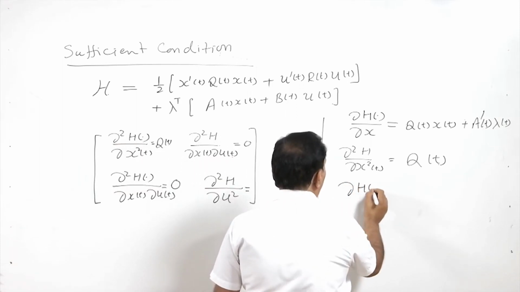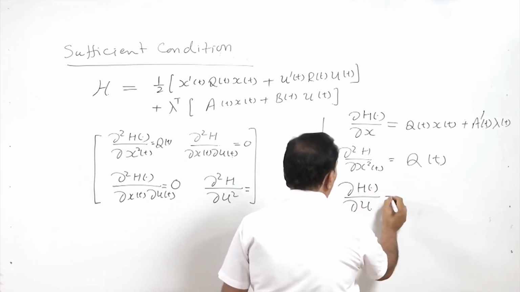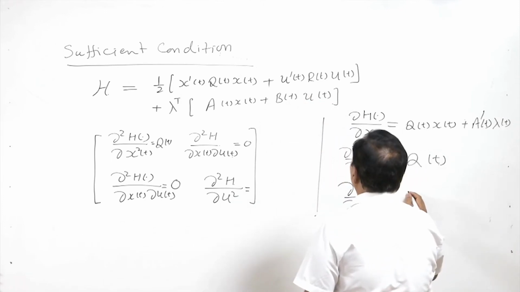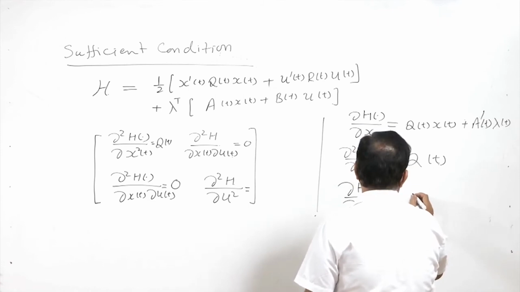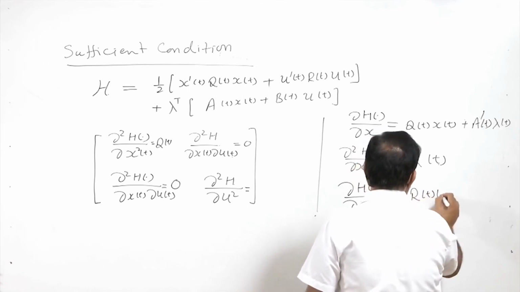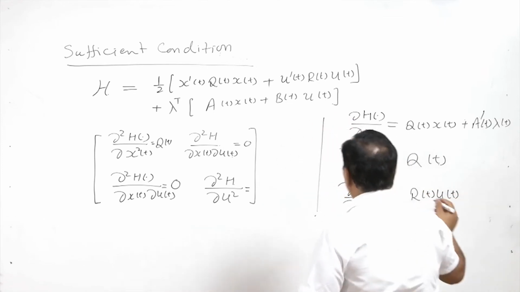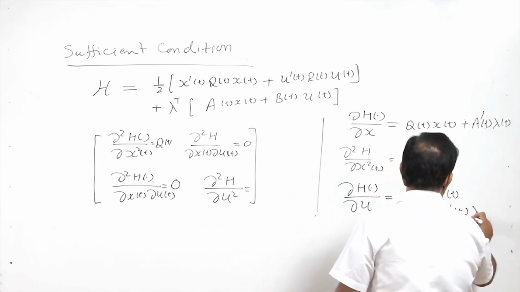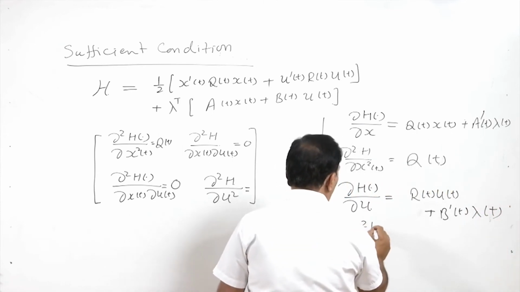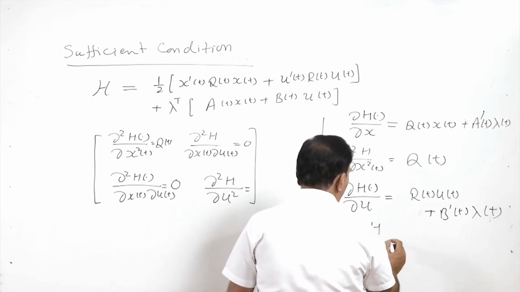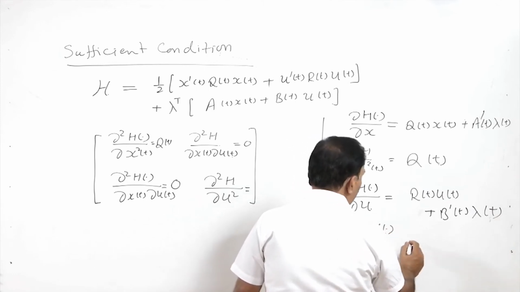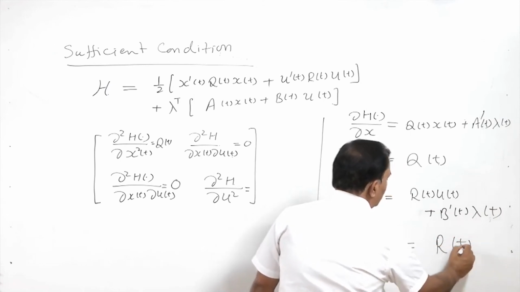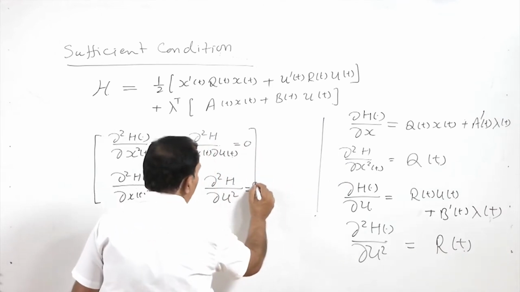We find del H by del u by differentiating with respect to u, which is R(t) u(t) plus B transpose(t) lambda(t), and del 2H by del u square is nothing but R(t).